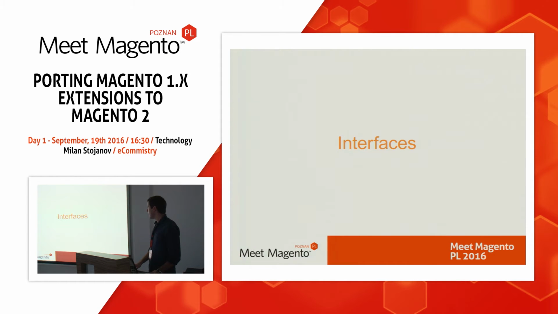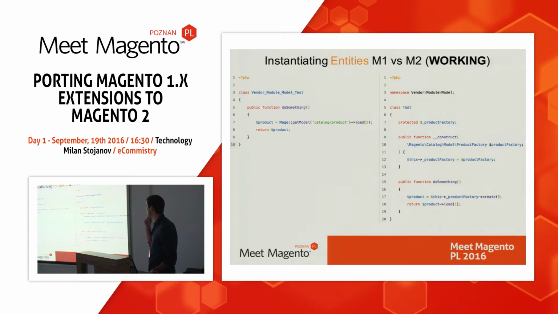And finally, I just want to quickly cover interfaces. Yes, the last slide. Right now, I think in Magento 2.1, the load method of the product is deprecated, and the product repository is requested to be used. Yes, it can be used, but this is not that, at least from what I know.